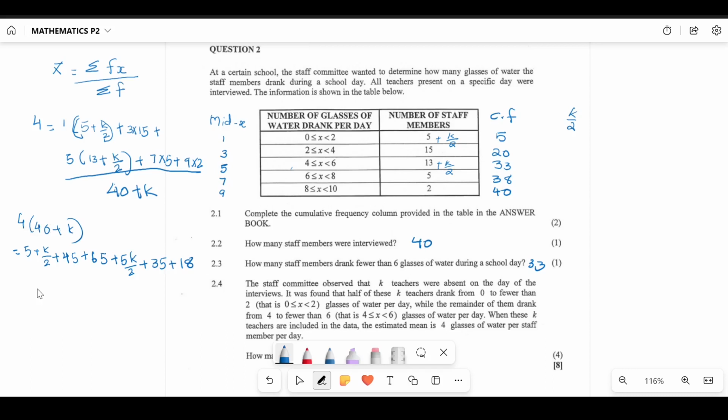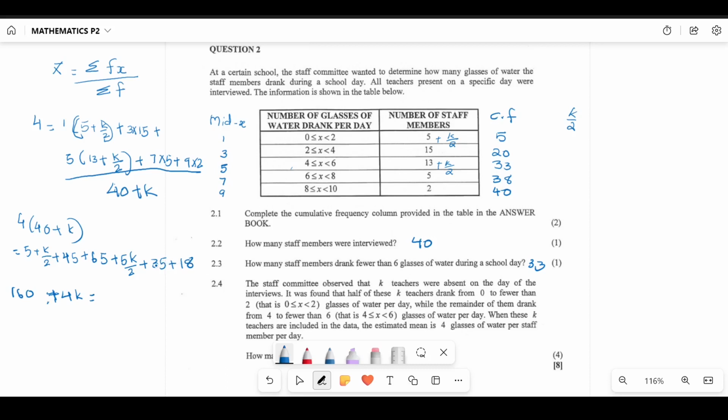So the left hand side, now it's 4 times 40, 160 plus 4k, equal to, let's add everything on this side.